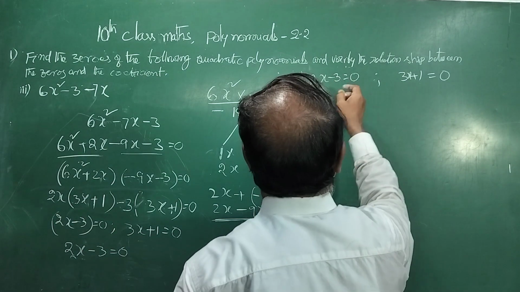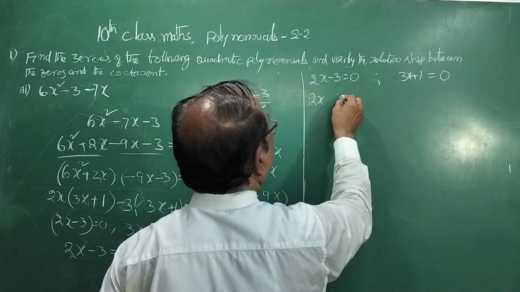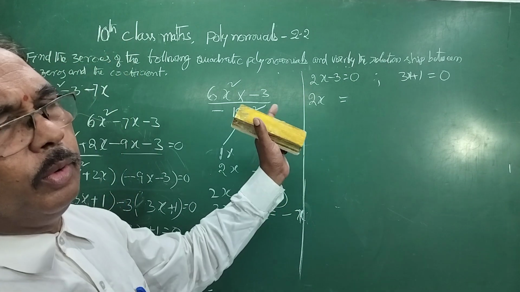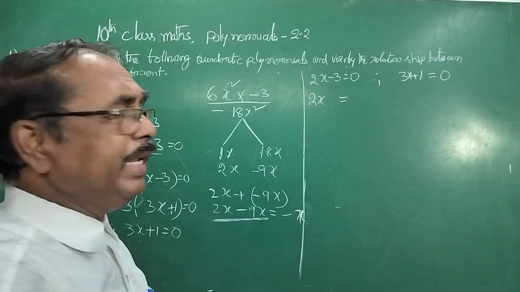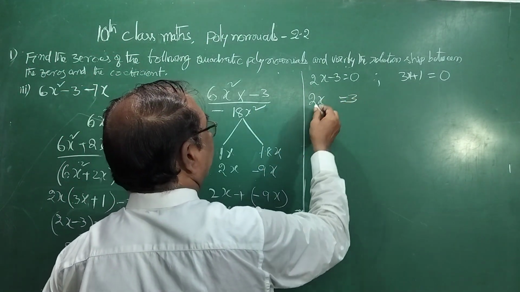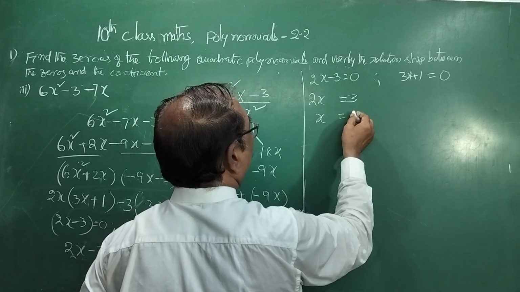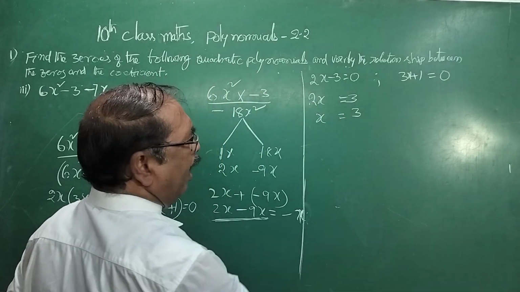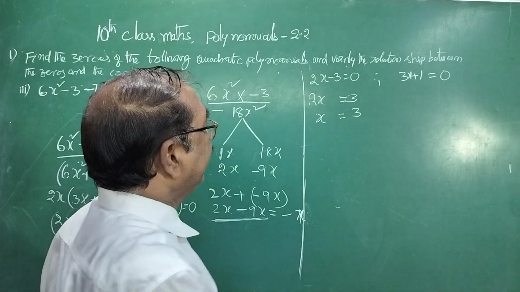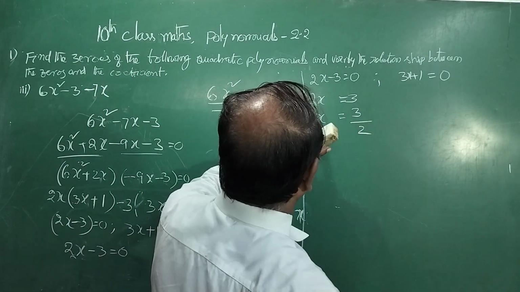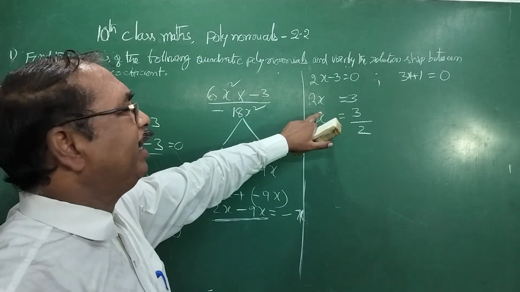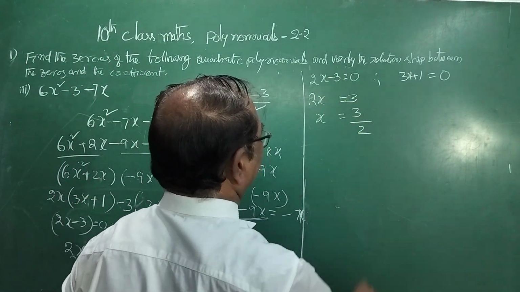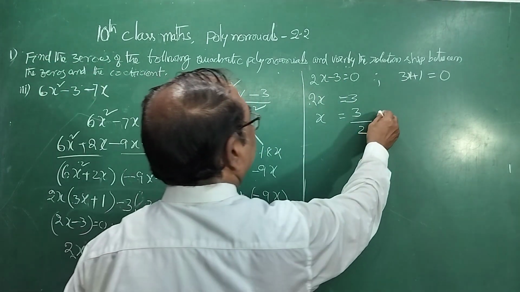Let us find out. 2x is equal to plus 3, when minus 3 goes to the other side of the equals sign. Now we have to find the x value. 2x means 2 into x. Here the multiplication symbol is there, so it becomes divided by. x is equal to 3 by 2.